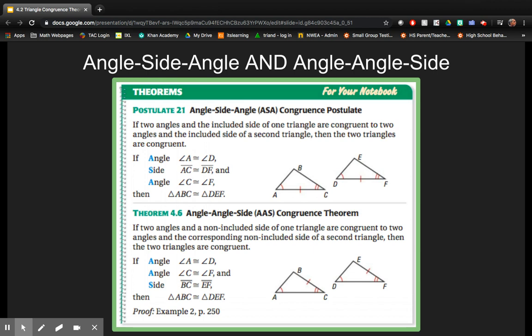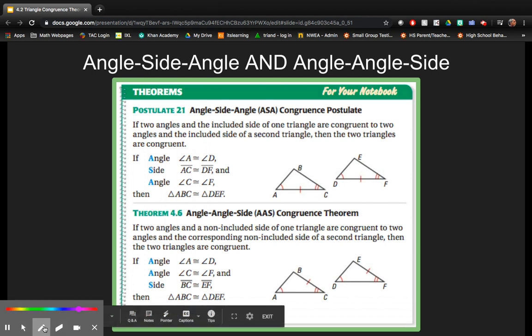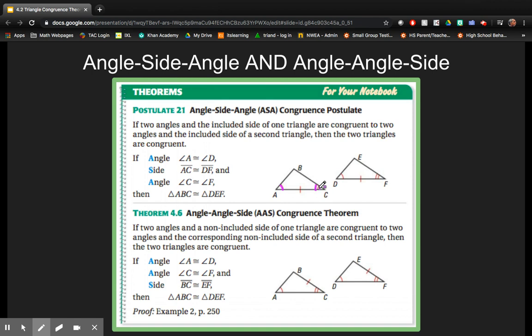So the thing you have to determine is, in the picture, am I given two angles and a side between them, which would be angle side angle, or two angles and a side not between them, which would be angle, angle, side. So pay attention to what's given and the placement of where that side is, whether it's between the two angles, angle, side, angle, or not between the two angles, angle, angle, side.